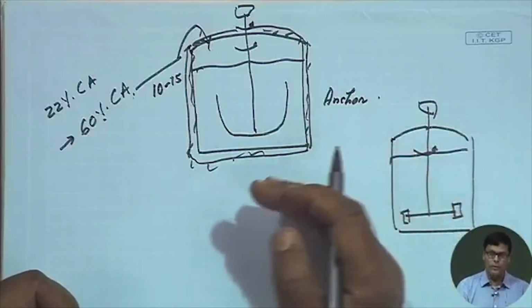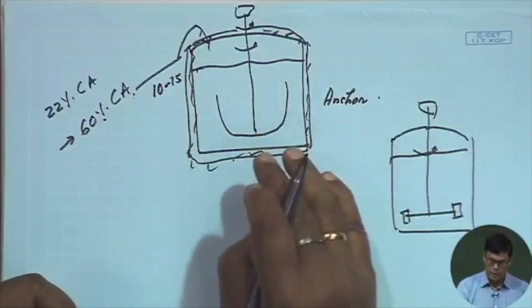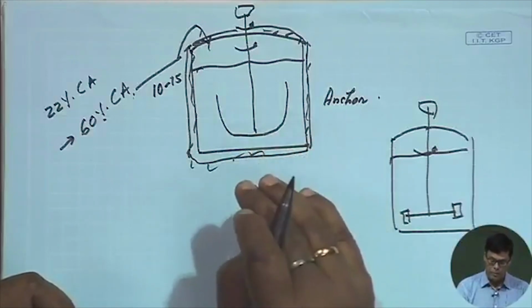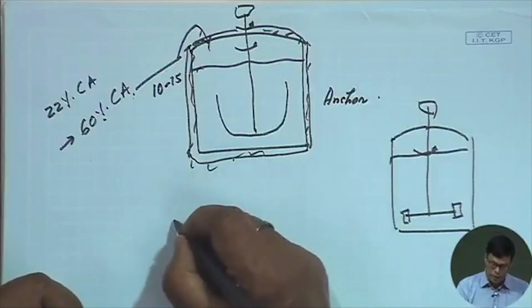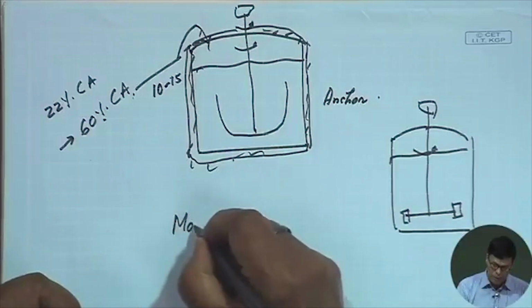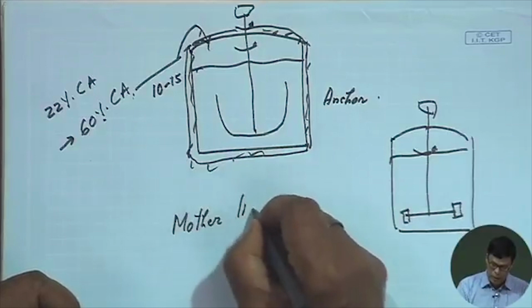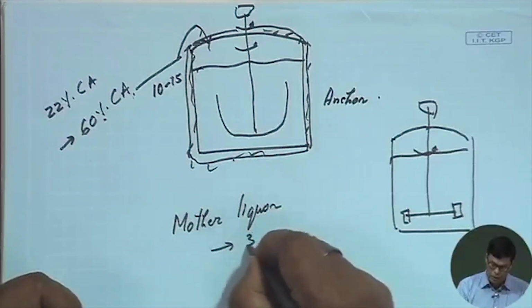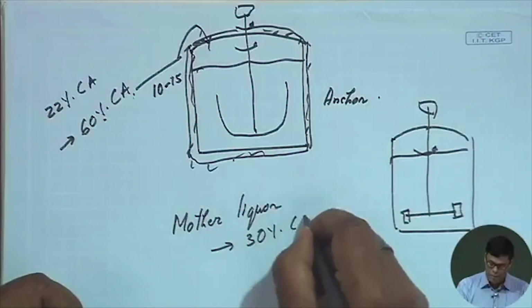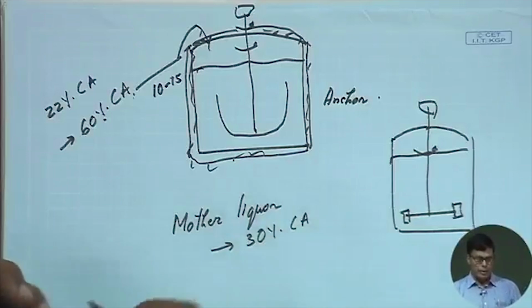Through centrifugation we can separate the crystals from the liquid. The liquid remaining after centrifugation is called the mother liquor, and this mother liquor also contains about 30% citric acid. So this can be used for the production of citric acid anhydrous.